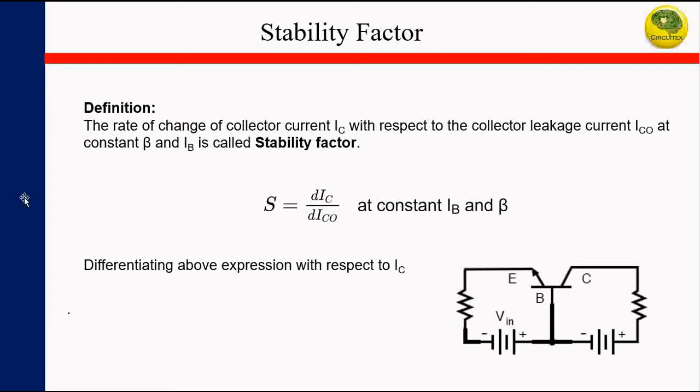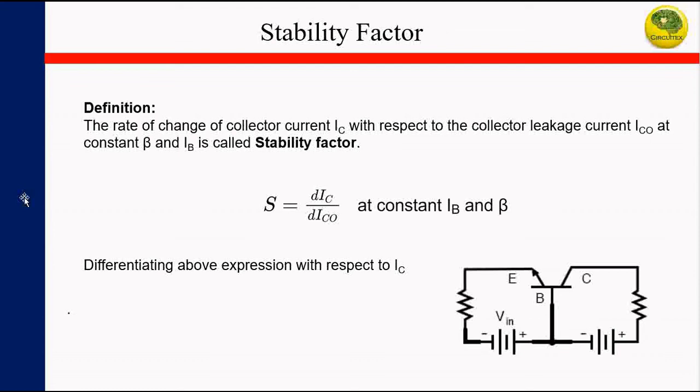By definition, the rate of change of collector current with respect to the leakage current at constant beta and base current is called the stability factor. It is understood that IC should be kept constant in spite of variations of ICBO or ICO.